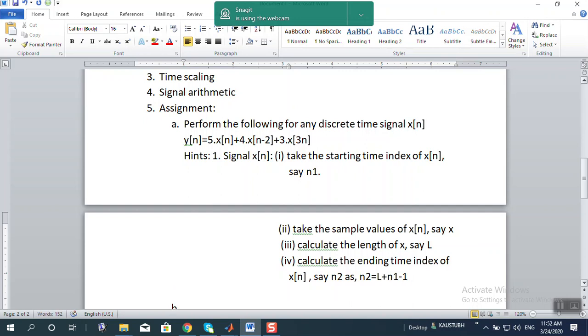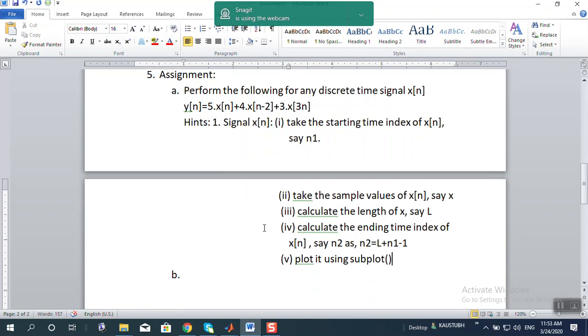So then plot it using circuit. Okay, so up till this, the representation of the signal is done.